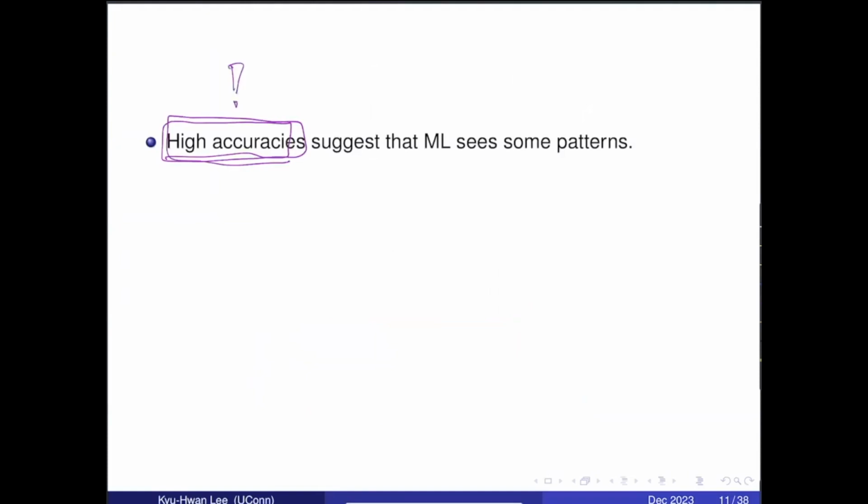And immediately we begin to wonder how these high accuracies could be achieved. The one thing is that high accuracies means machine learning sees some patterns clearly. Otherwise, these high accuracies cannot be attained.